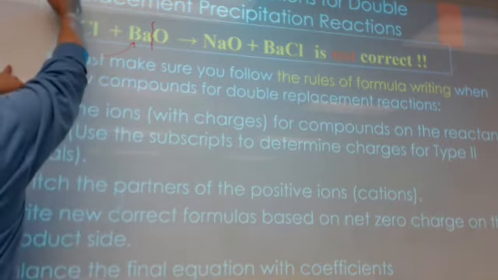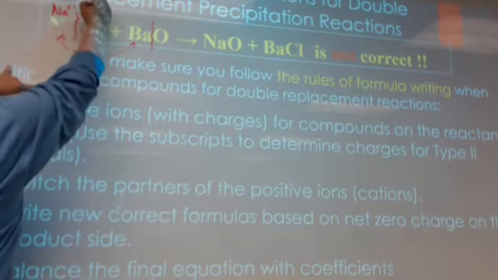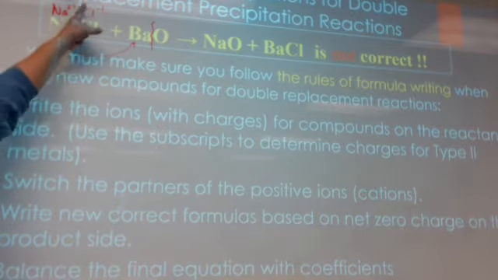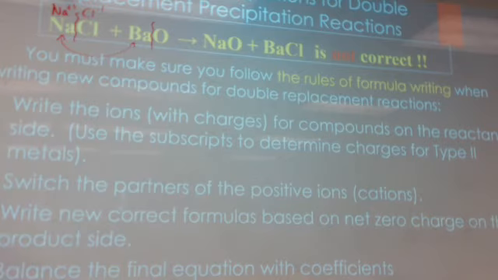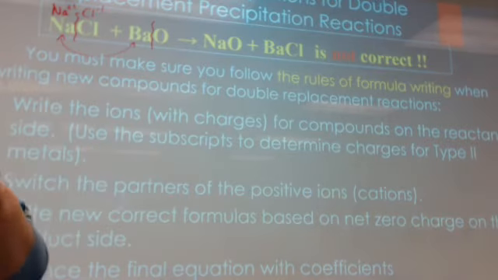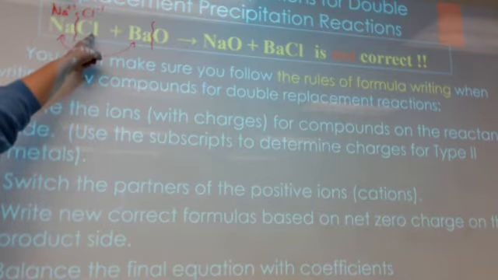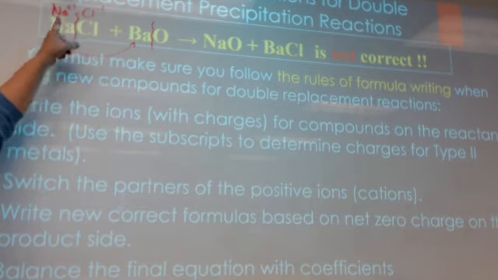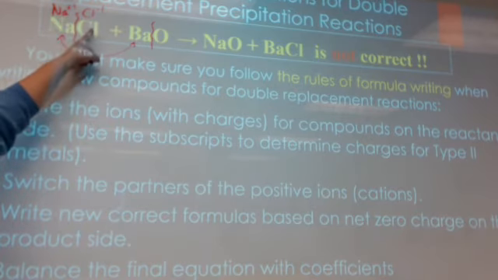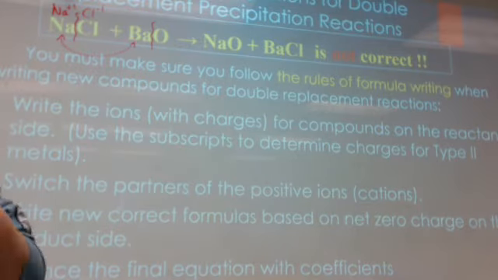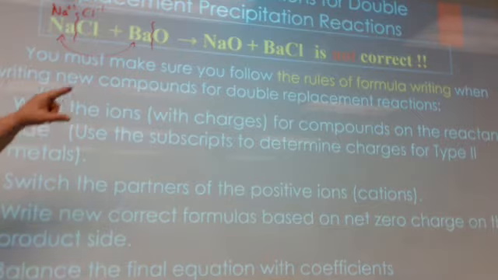With sodium and chlorine, because they are +1 and -1, they cancel each other out. They have a net charge of 0. So it only takes one sodium to cancel out the -1 charge of the chlorine. I'm not going to use the term balance, because we're going to say balancing for coefficients. So that is why there are no subscripts written. It is a 1-to-1 ratio.